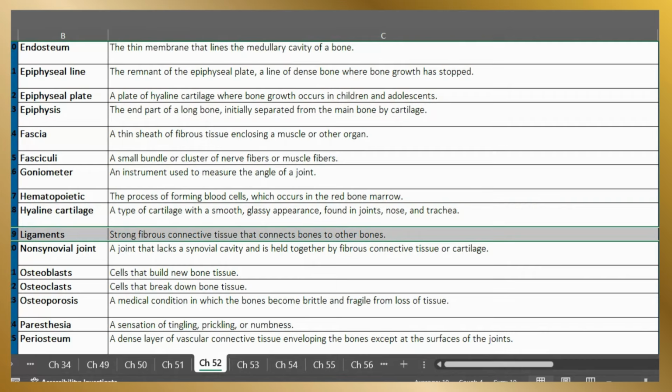Ligaments connect bone to bone. It's a strong fibrous connective tissue that connects bones to other bones. So L, it's like link, links bones together.